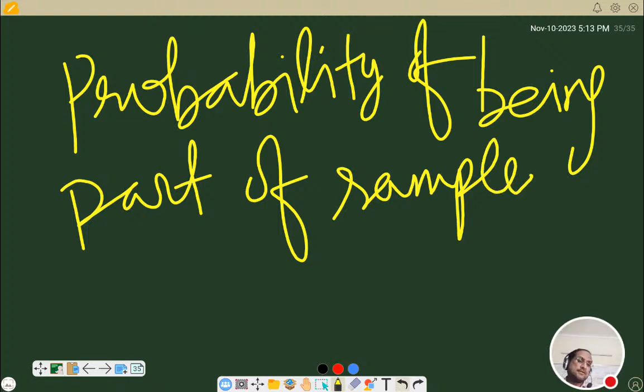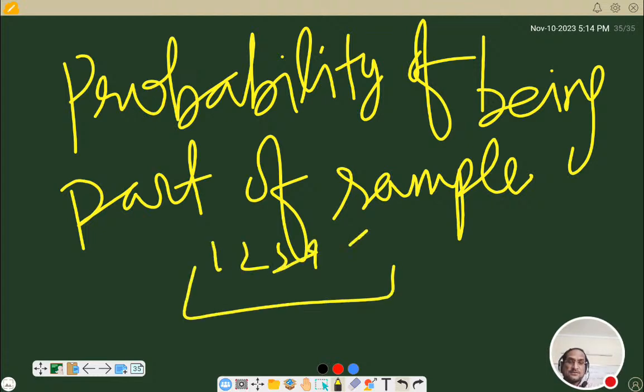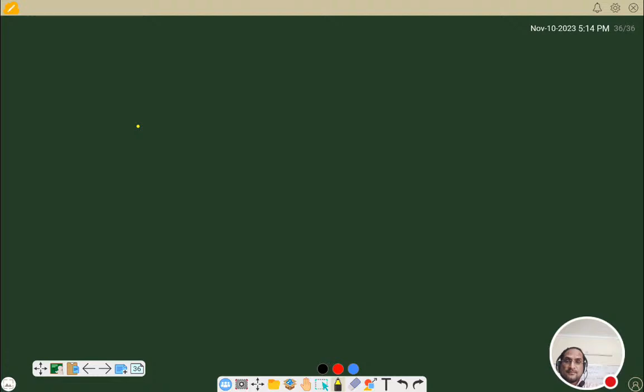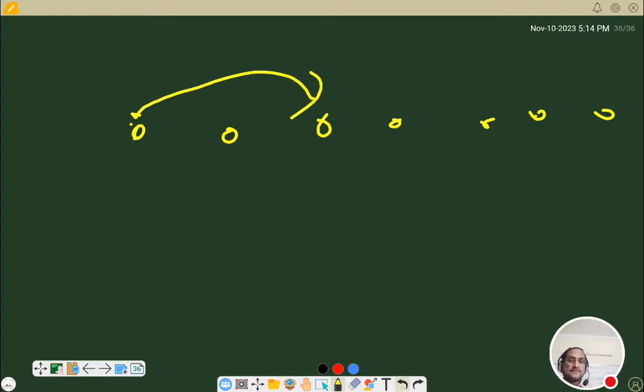When each and every member of the population has equal chance or a defined chance, either there can be equal chance because we are doing random sampling, randomly picking up any one, then it will be an equal chance. But suppose there are 5 students sitting in a row, or more than that, we say every third student, that we start from here 1 2 3, then from here 1 2 3, then from here 1 2 3, likewise.